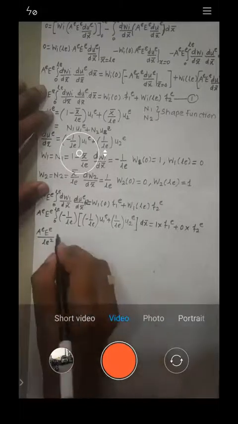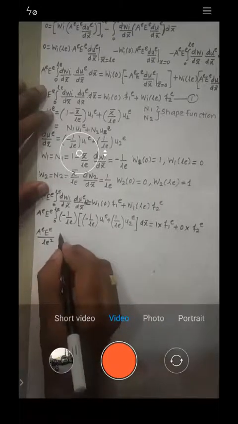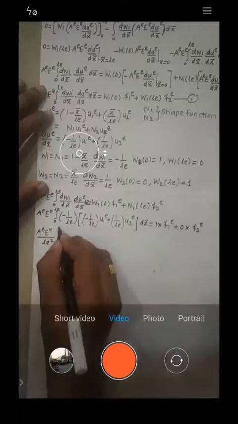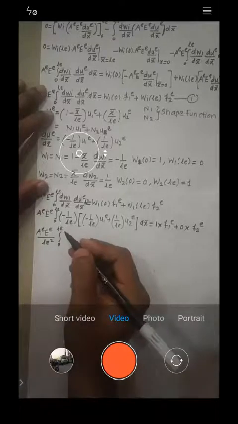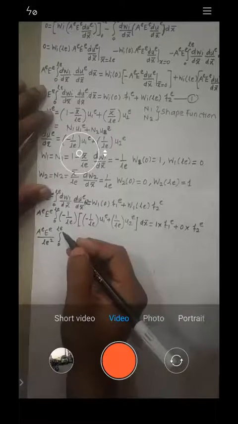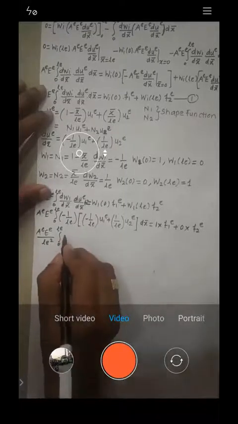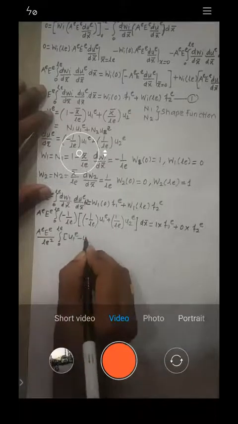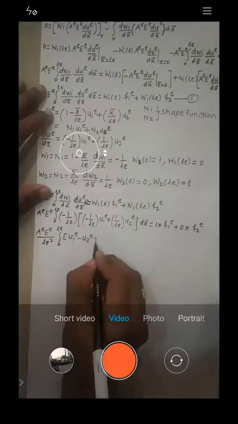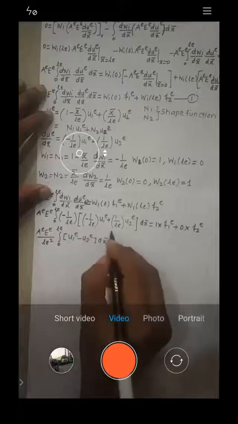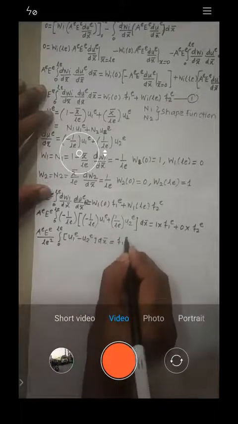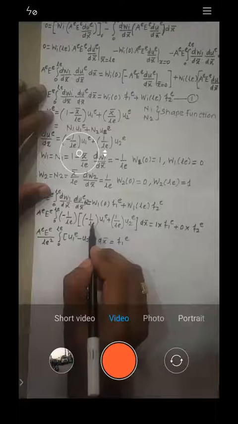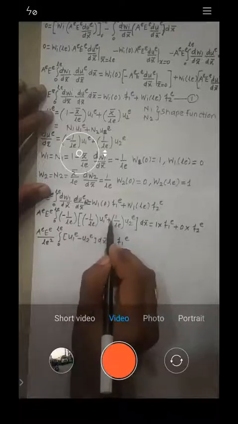If I take minus 1 by LE common, and this minus 1 by LE, I will get 1 by LE square. Yes, sir, correct. So what is remaining? 0 to LE, U1E minus U2E, into dx bar is equal to F1E. Is it okay or not? I am taking minus LE common, so here the minus sign will go.